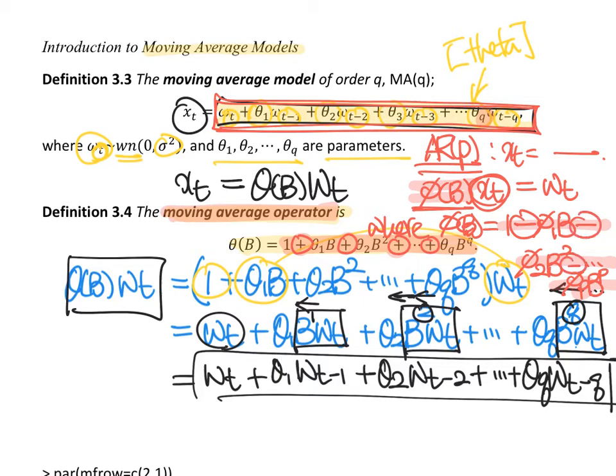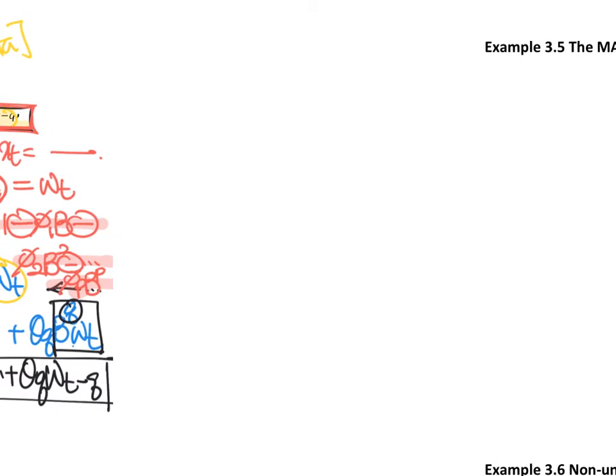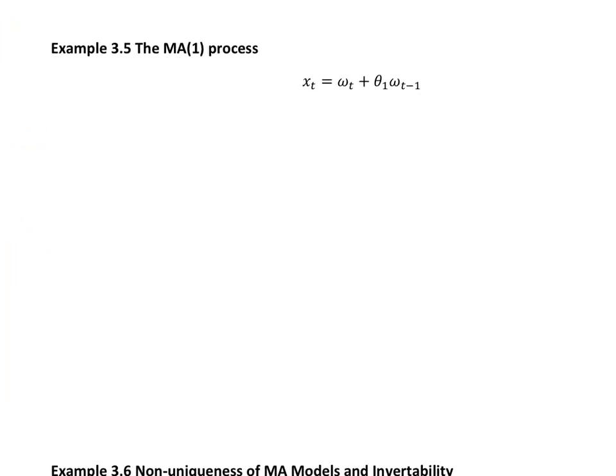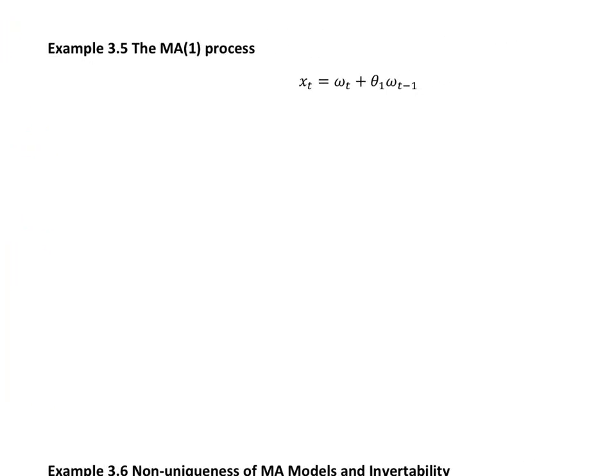Similar to the AR p model, we can define the MA q model. It looks like this. It's using the MA operator, theta B. So here's another example. An example here is MA1. Here's the MA1, and it's like this one. Before, when we discussed the MA1 model, we took the expectation.